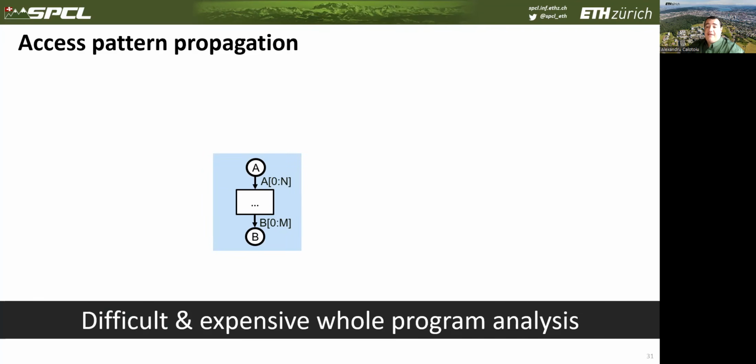Part of the benefit of DaCe is the capability of understanding and analyzing data access patterns. This means that whenever we have some part of the code, we want to know what is being accessed in a read fashion, in a write fashion, which parts of the data containers are being used.